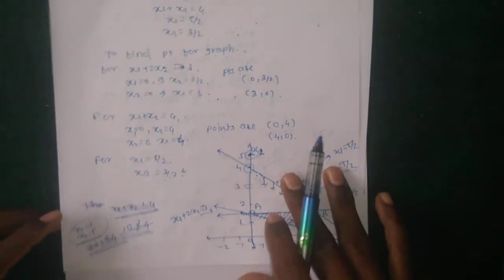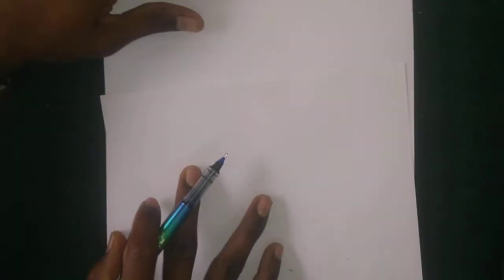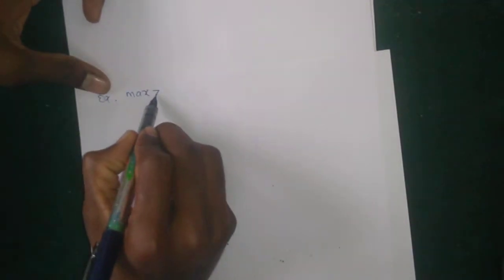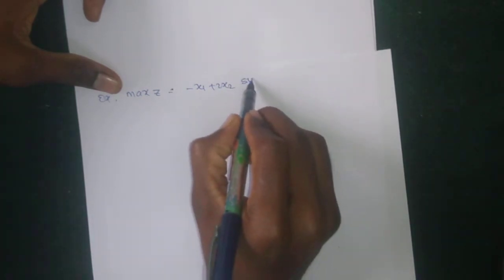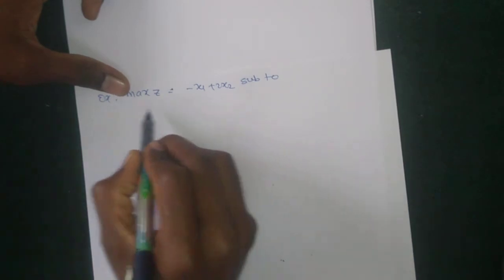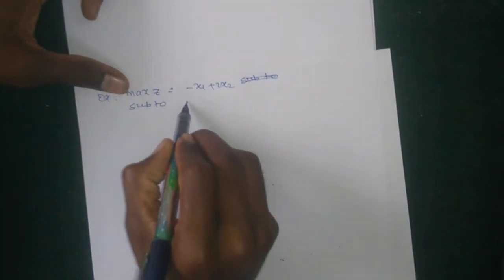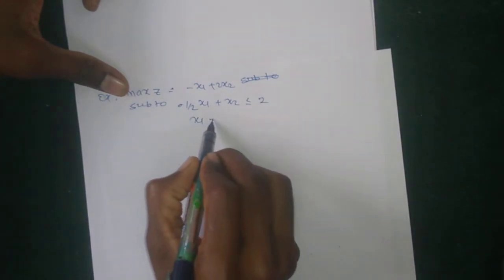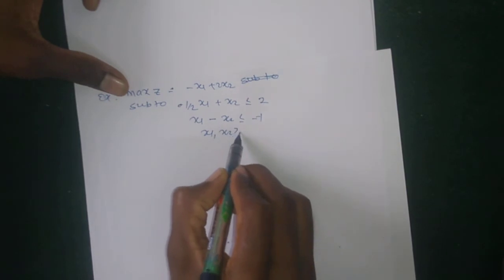Okay, so next example. Maximum Z is equal to minus x1 plus 2x2, subject to 1/2 x1 plus x2 is less than or equal to 2 and x1 minus x2 is less than or equal to minus 1. x1 and x2 are greater than or equal to 0.